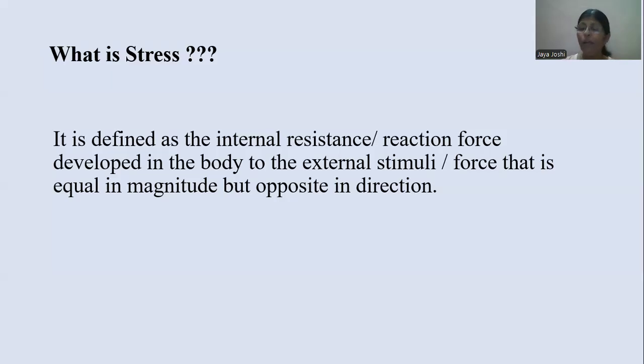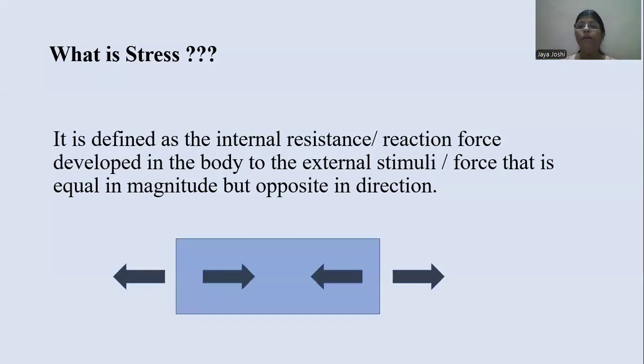Now, it is a well-known fact that to each and every action, there is an equal and opposite reaction. In the same way, if you're applying force, there will be an equal and opposite reaction. As we cannot measure the internal force, we measure stress in terms of the external force per unit area. Here you can see, if I'm stretching one object, the forces are opposite in direction, so the internal resistance will be developed, exactly opposite.